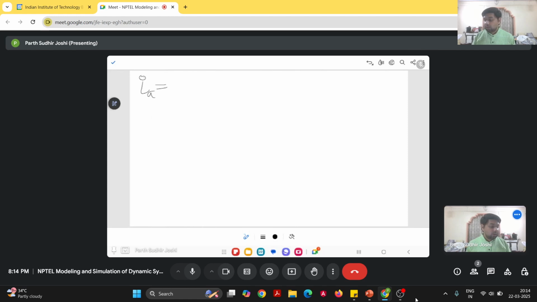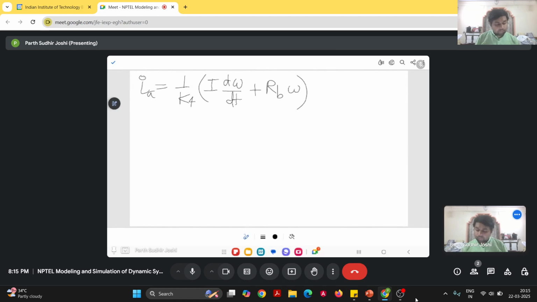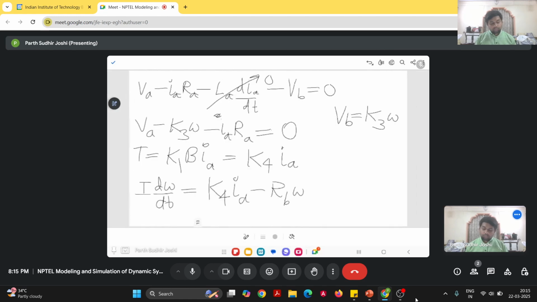So now from this we can get the expression for the armature current. Armature current IA will be 1 by K4 into the rotor equation. Now we can substitute this expression for the armature current in the differential equation for the armature winding, which has minus IA into RA.